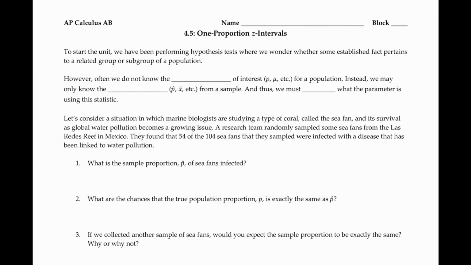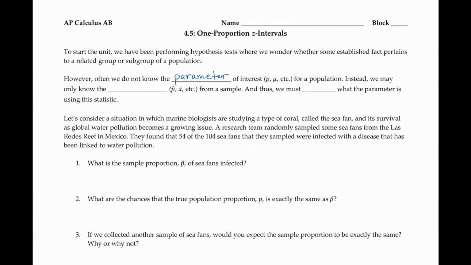So that's what we're trying to figure out with a hypothesis test. However, very often in our lives, we don't actually know the parameter of interest, p or mu, there are other things as well, for the full population. So running a hypothesis test becomes difficult because you don't have the established fact about the whole population.